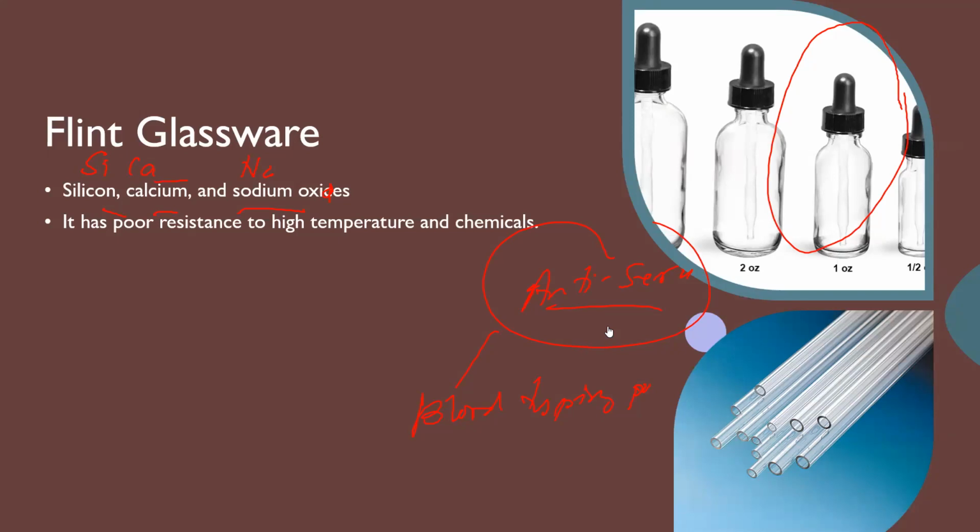Now, one of the characteristics of Flint glassware is that it is inexpensive, cheap in other words. It is generally used for reagent bottles, like what I said a while ago, and some disposable laboratory glasswares.